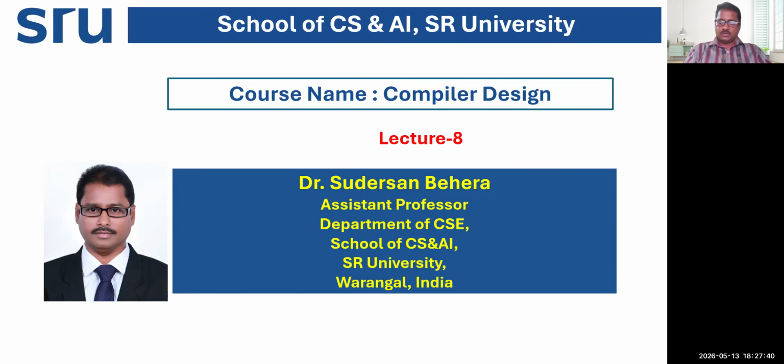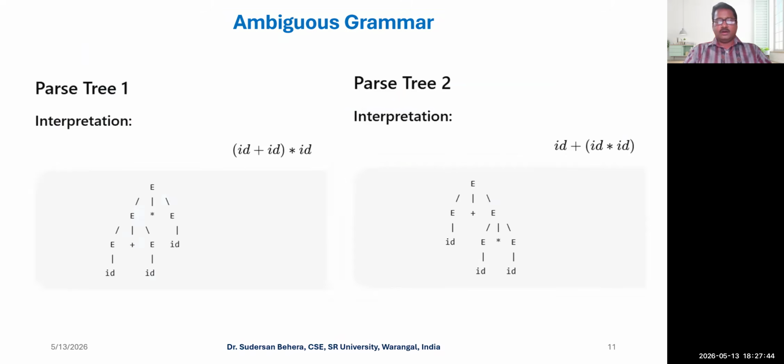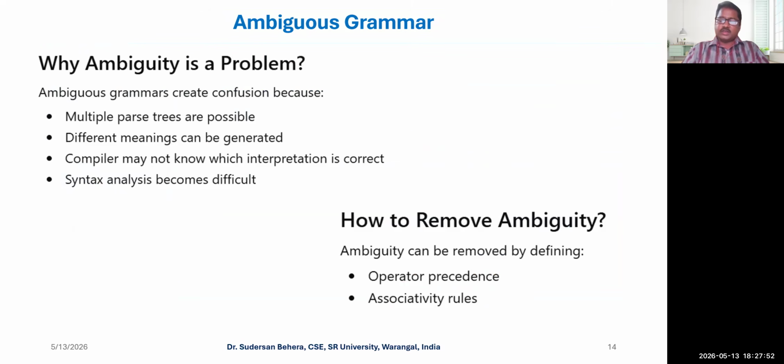Okay. So as we discussed in the last class, you see here the parse tree. It's ambiguous grammar. Remember, this ambiguous grammar is a context-free grammar which generates multiple parse trees, like it has more than one leftmost derivation or more than one rightmost derivation for a single tree.